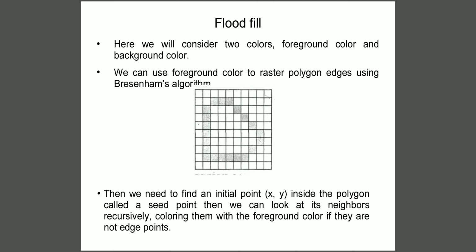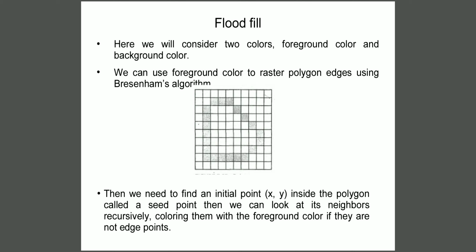Then, in the fifth step, we need to identify the neighbors of the seed point. For any pixel there will be four neighbors: top neighbor, bottom neighbor, left neighbor and right neighbor. Once we identify all the neighbors of the seed point, we repeat the same process.